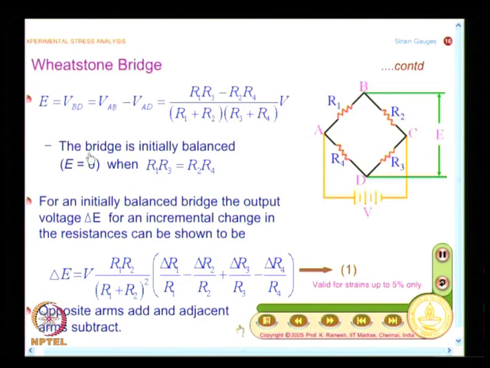If I have to maximize the signal, I should understand how a Wheatstone bridge functions, and I should also bring in my understanding of solid mechanics in strain gauge instrumentation. So, the first condition shows when the bridge is initially balanced, I get an interrelationship between the resistances. We will see further what way R1, R3, R2, R4 should be by looking at the performance of the bridge.